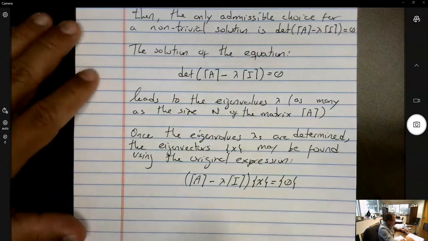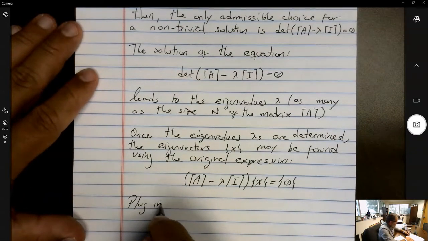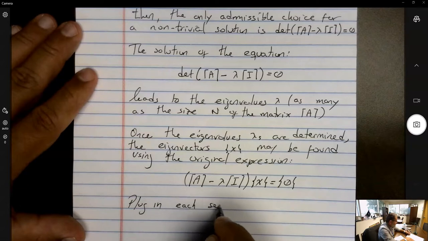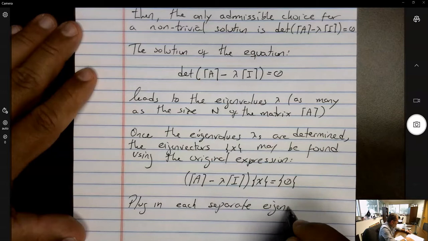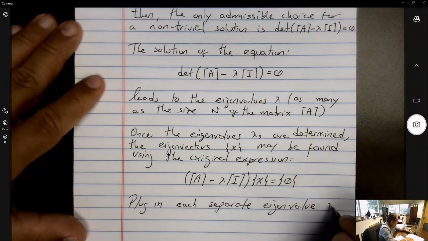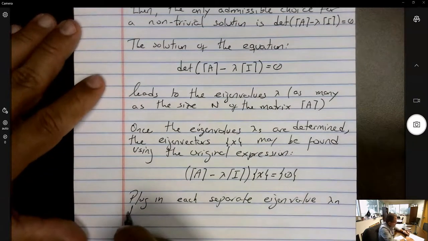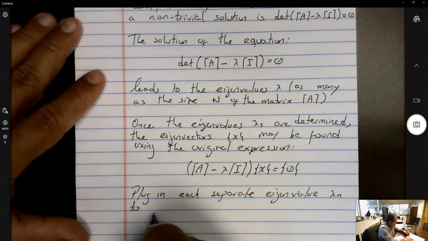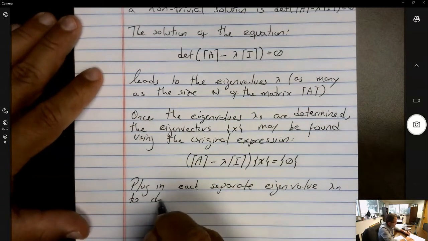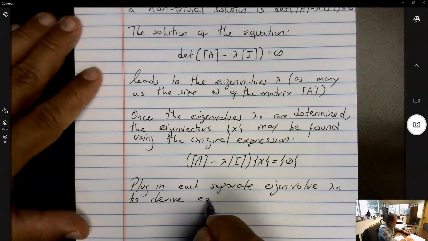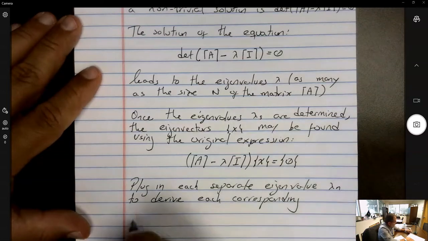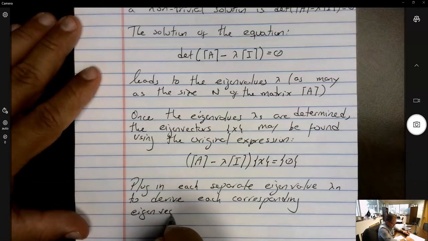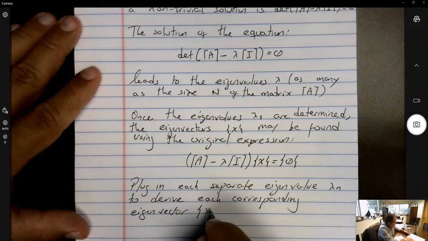So plug in each separate eigenvalue, lambda n, to derive each corresponding eigenvector x n.